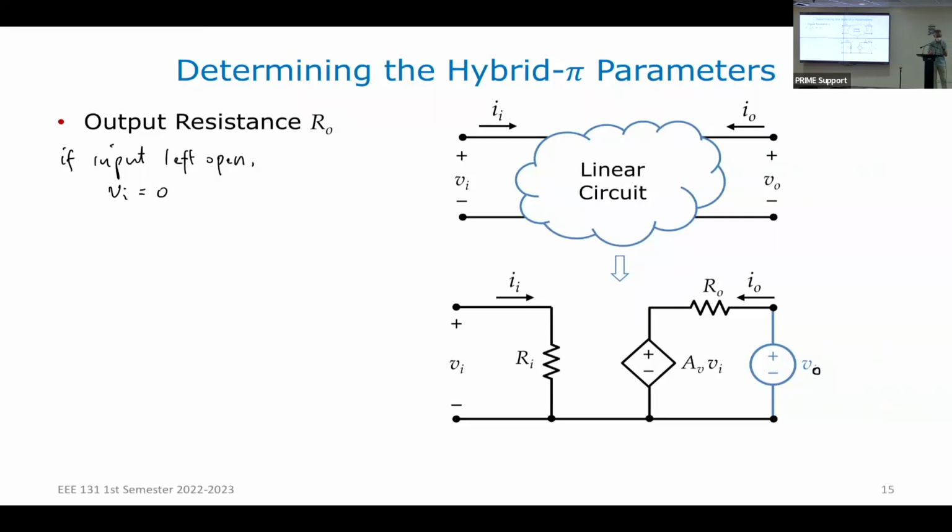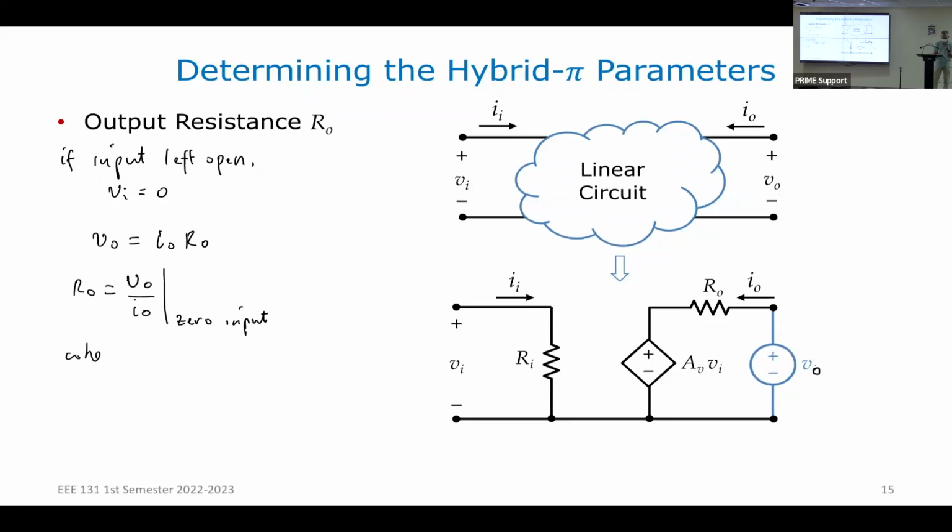That is because I sub I is equal to zero. And therefore, okay, V sub O is just going to be equal to I sub O times R sub O. Okay. Where R sub O is V sub O over I sub O. This is at zero input or no input.